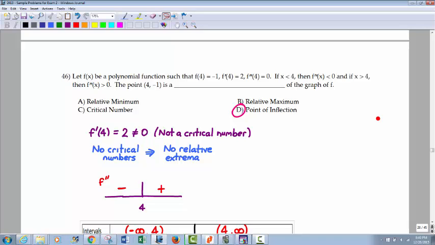In fact, here's a good example. If you take y equals x cubed, the first derivative would be 3x squared. You get a critical number of 0. And then the next derivative would be 6x, so you would also get a second derivative of 0. But there's no way it's both a min or max and an inflection point.